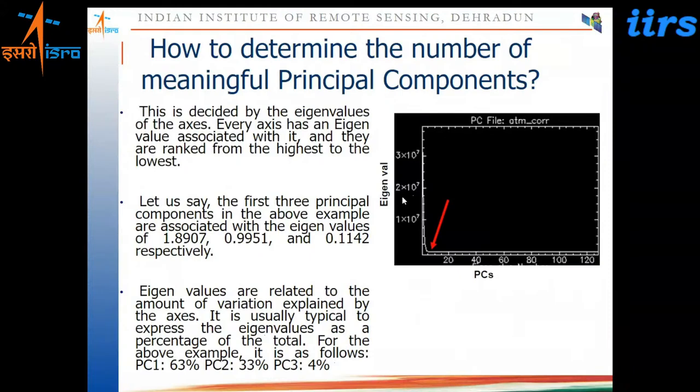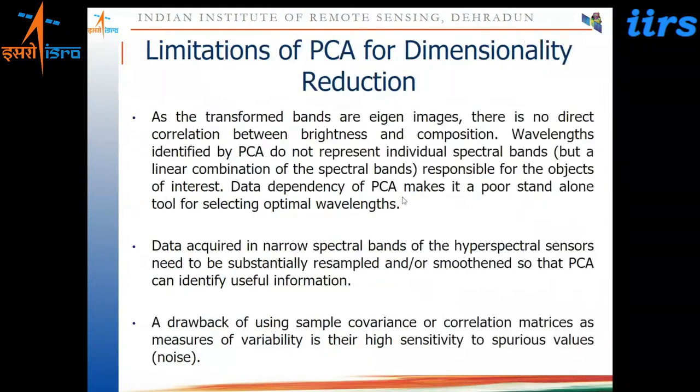Now, what exactly are the limitations of principal components? Only simple variance, covariance and correlation are used in this, so it is very, very sensitive to noise. If our data is very noisy, then what do we have to do?